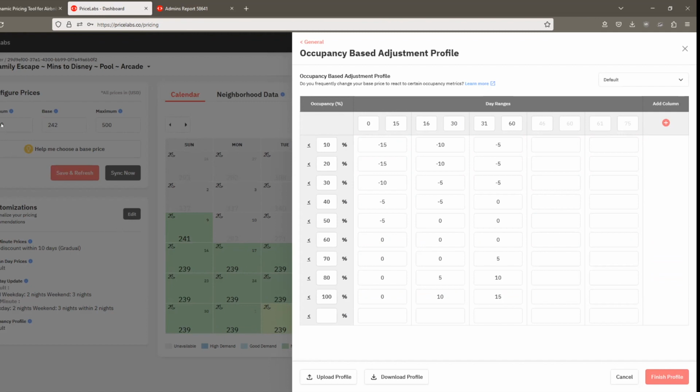But if you actually end up changing your minimum to 220, then maybe it'll drop down gradually. There is some benefit to that from an OTA perspective as well, because when the prices drop for dates that have not booked, they start showing with some promotion or things like that as well.